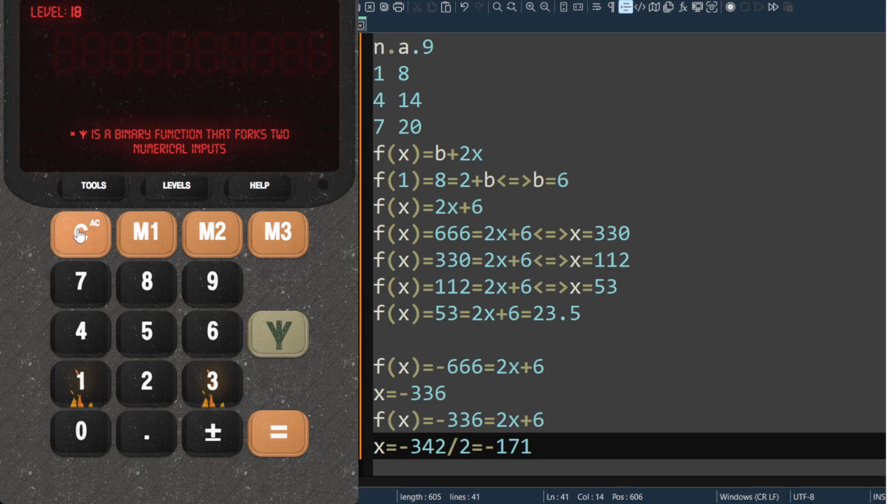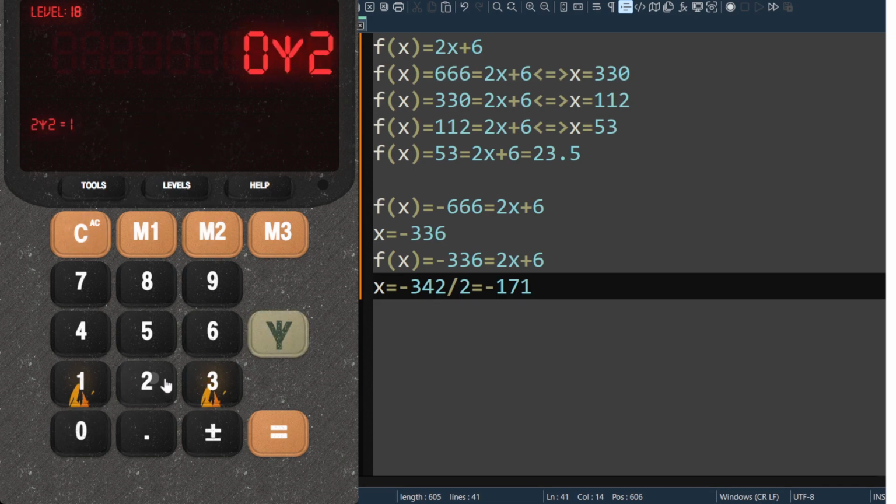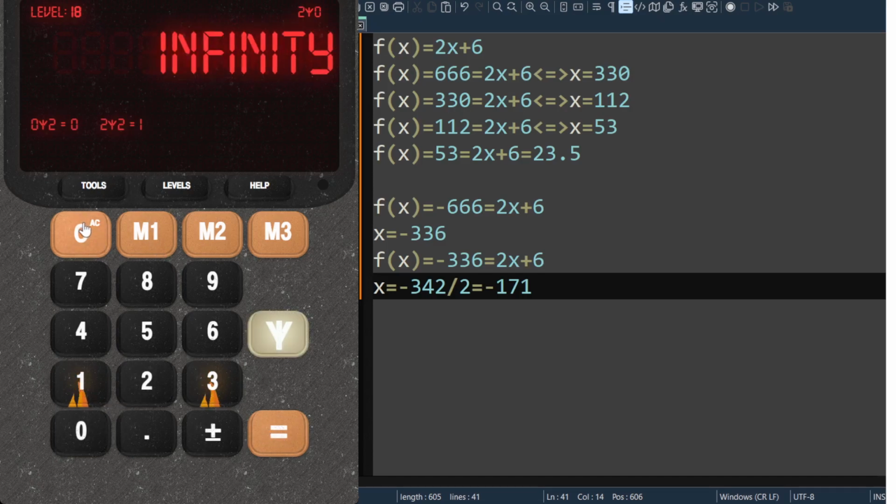0, 0. A binary function. Psi is a binary function that takes two numerical inputs. So what did I make a mistake with when I... Okay. Well, I don't care. We know something. How should I start them? 0, 2 works. 0, 2 is 0. 2, 0 is infinity.